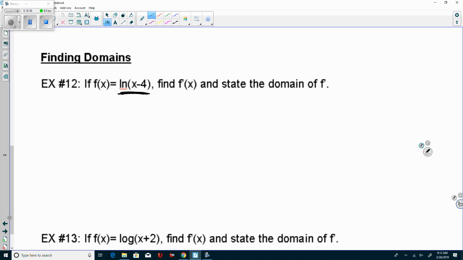What cannot be in the parentheses? You can't have 0 or negatives. So remember, the x minus 4 has to be greater than 0. So therefore, x is greater than 4. That's my domain restriction.